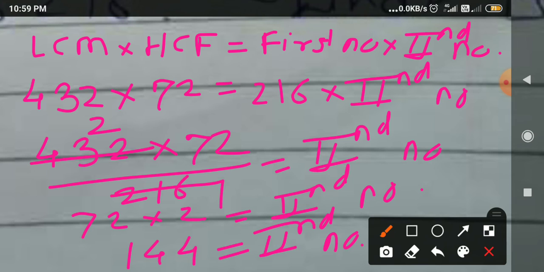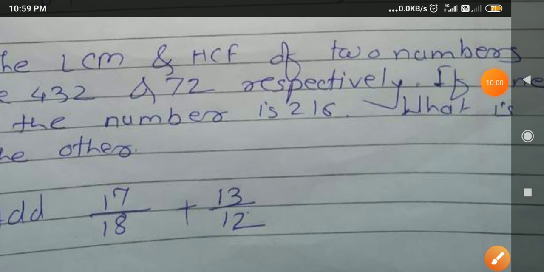Now we will see the last question from our test. We have to do the addition of 17 upon 18 and 13 upon 12. That is my own question. So here we have to use the LCM.